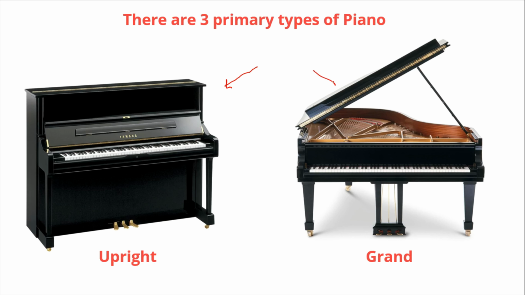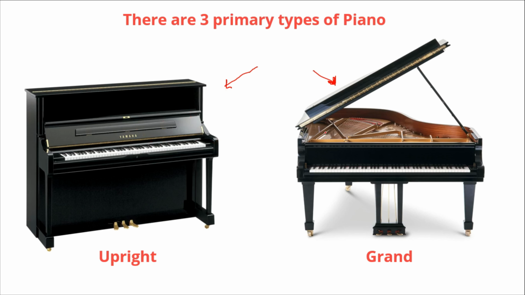This is called the grand piano, which is usually found in concert halls, in malls, in airports, or also in bungalows. It requires a huge amount of space and a huge amount of investment because it's expensive. Not slightly, it's the most expensive amongst all the other sorts of pianos. So this is the upright piano. This is the grand piano.